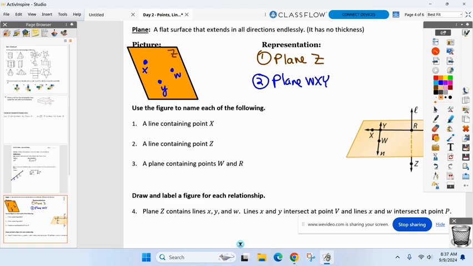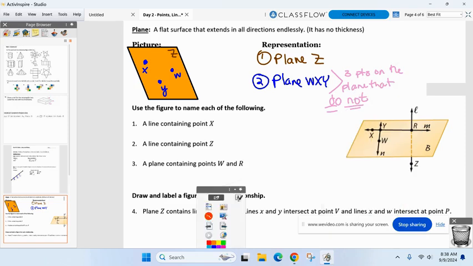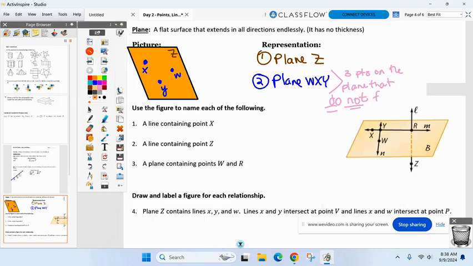Name a plane by the capital letter in the corner, or, and I'm going to write this down after I tell you, or three points on the plane that do not form a line. Okay, so two different ways to name a plane.